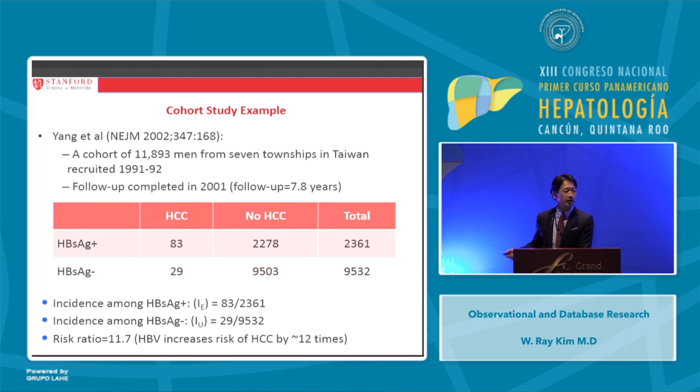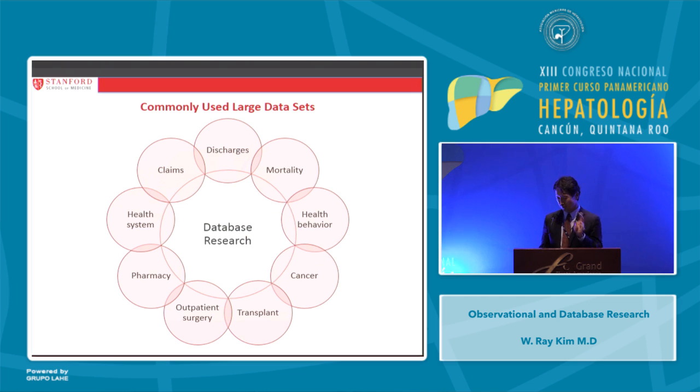So you calculate the incidence among the exposed was this, that divided by that. And incidence among the negative people was that divided by that. So when you do the bottom line calculation of risk ratio, they came up with 11.7. An interpretation of that is hepatitis B increases the risk of liver cancer by about 12 times. Makes sense? So hang on to that 12 times in your brain. Okay.